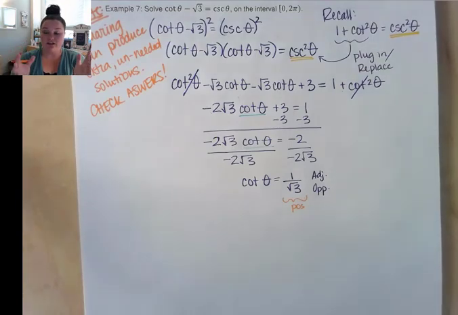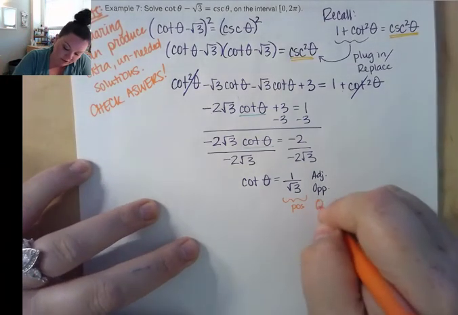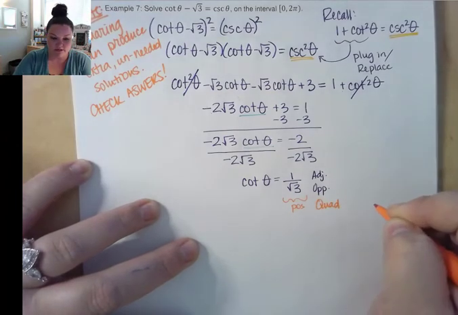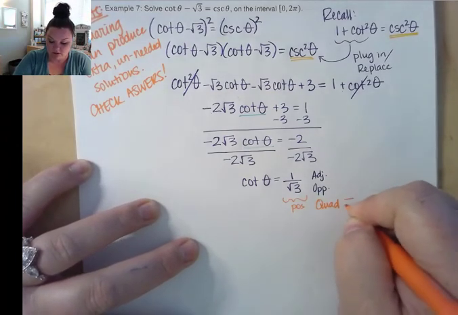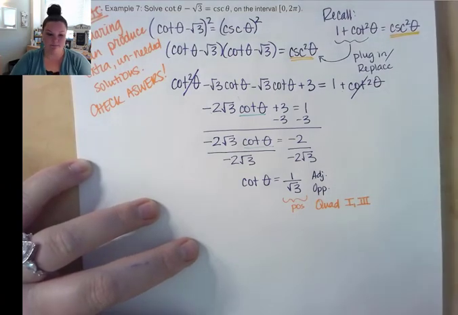So cotangent is going to be positive in the same quadrants where tangent is positive, right? And tangent is when we get the ratio of positive sine and cosine or negative sine and negative cosine. So that means we're looking at quadrant 1 and quadrant 3, right?